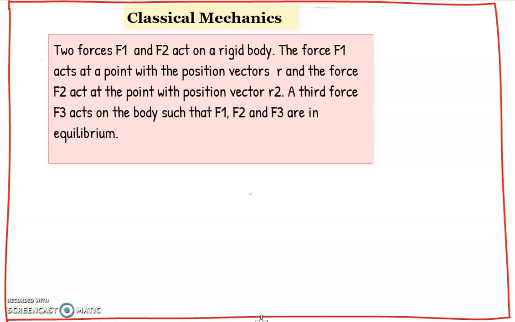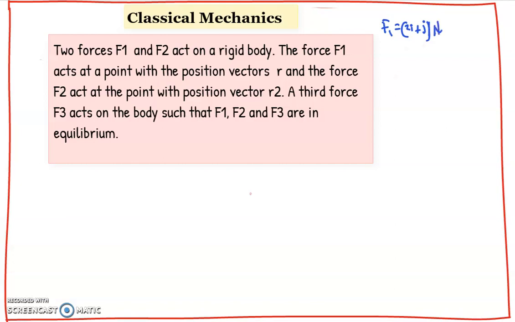So in this question, let's have F1. F1 is given as 2i plus j newtons.